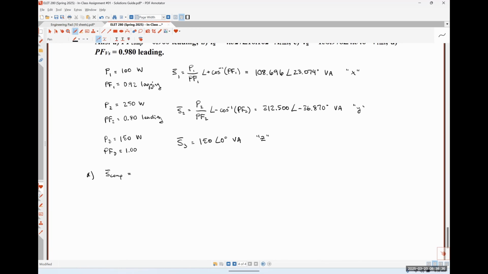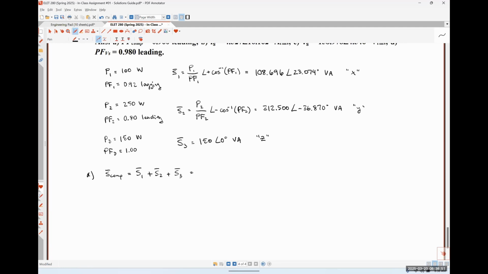This isn't meant to be a trick question or anything like that. Add them all together, 100% correct. It is as simple as that. So we're going to have S1 plus S2 plus S3.